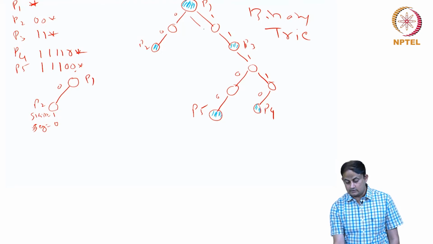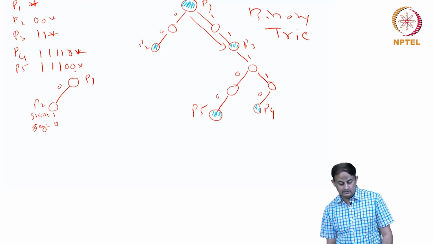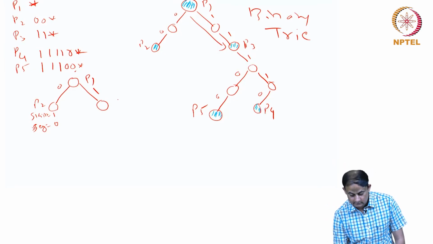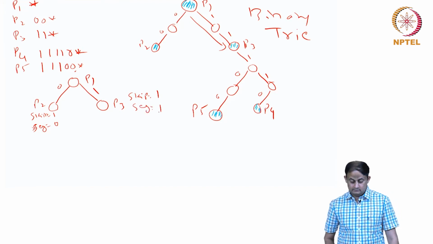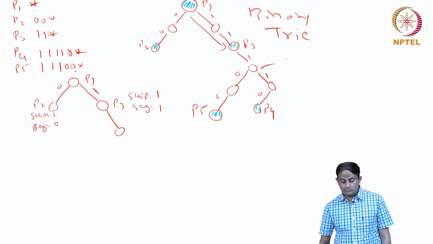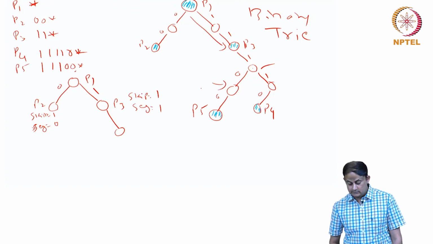Then I come to the right. On this particular path, this node which is intermediate between P1 and P3 can be eliminated. The same logic: I retain the 1 and mark this as my P3, and what I skipped here is of length 1 and the segment that is skipped is 1. Similarly, the next node has got 2 children. This node, nothing we can do about it, just keep it as it is. But on the path from this node to the P5 I got an intermediate node, this can be removed.